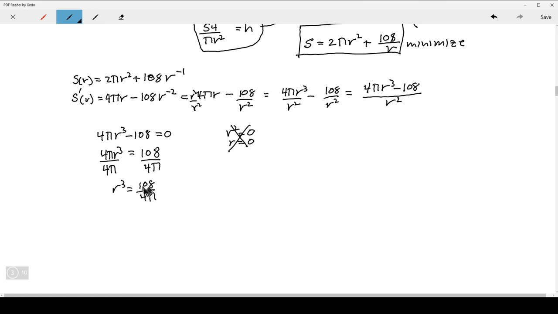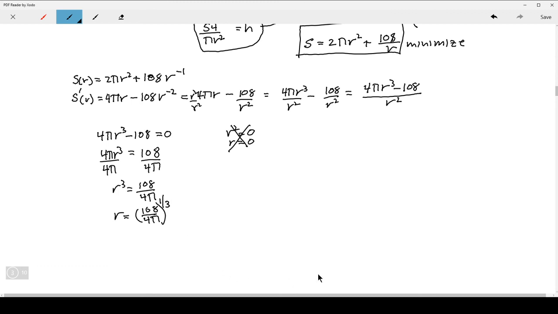And then, again, I need to solve this. So I've got r to the third, so I'm going to take the third root. So r is going to be 108 over 4 pi to the 1/3 power, or the cube root.